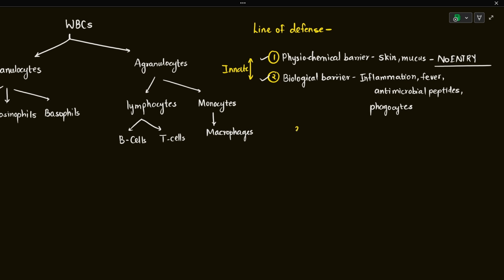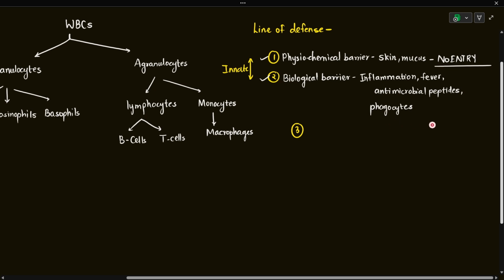While the third line of defense is the adaptive immunity, where now all of them have failed, the phagocytes are failing to engulf that pathogen, the antimicrobial peptides cannot work. Now the B cells and T cells will come, they are very trained, and they are our third line of defense.